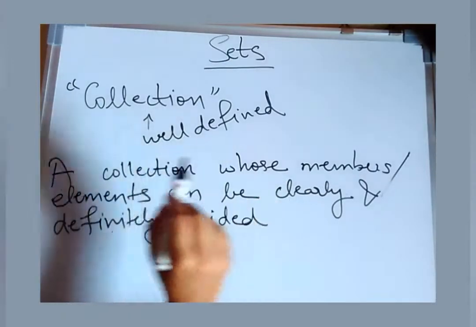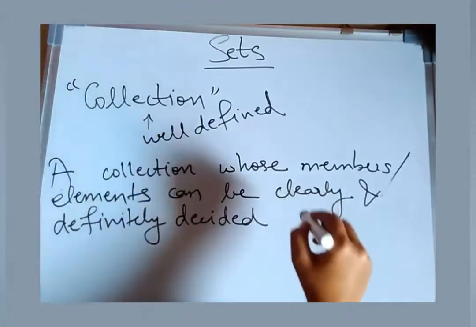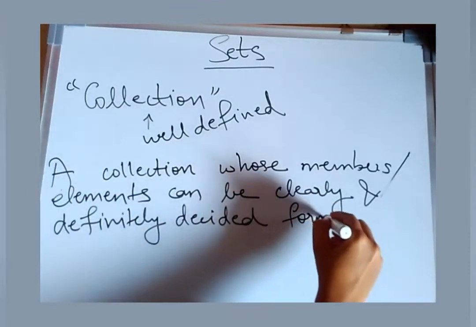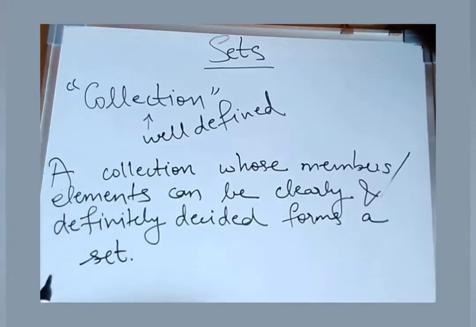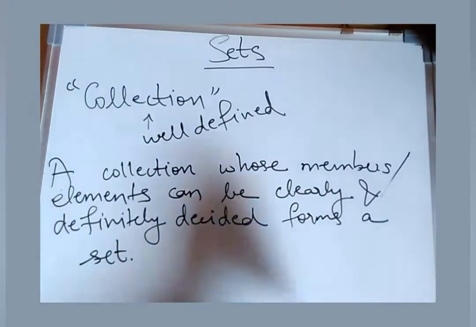A collection whose members or elements can be clearly and definitely decided forms a set. So we are done with the definition.